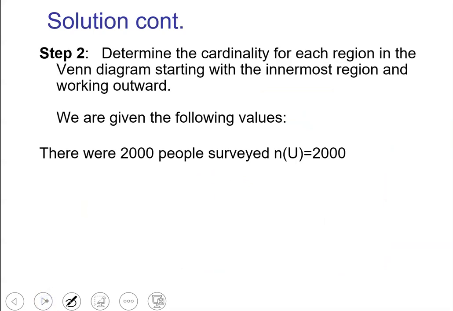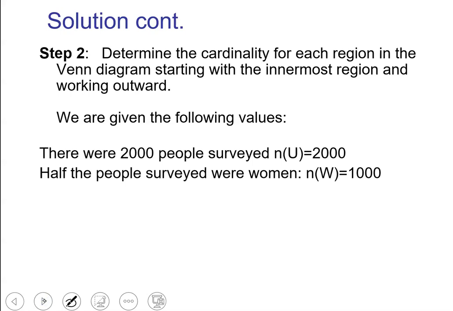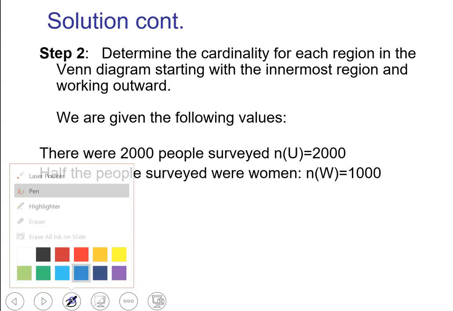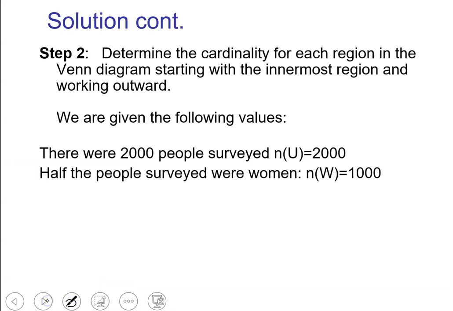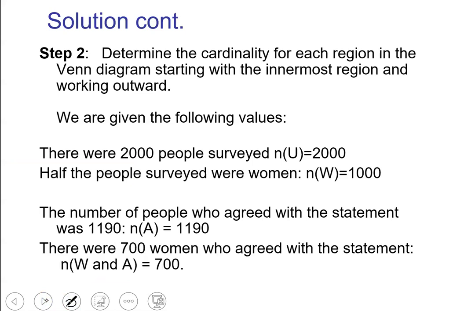We are given 2,000 people surveyed. Half the people were women, so that means 1,000 of them. The number of people who agreed with the statement is 1,190, and 700 women agreed with that statement.